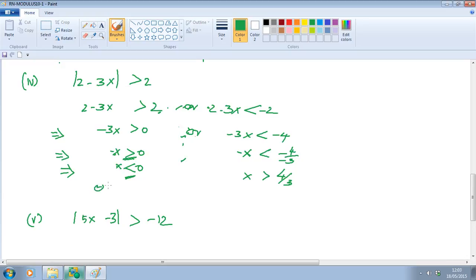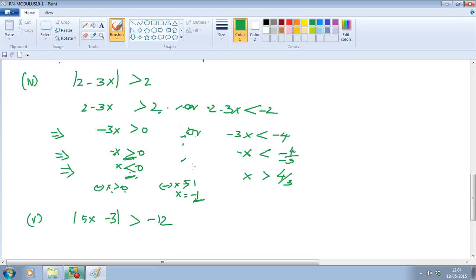Minus of something is greater than 0. Let us take an example: minus x is greater than or equal to 1. When minus x is equal to 1, x is equal to minus 1. Actually the value of x is less than 0. That is what it implies.